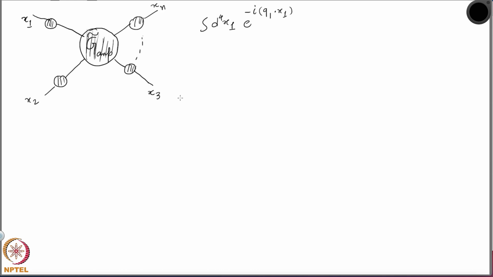Okay, then if I write the expression of this G tilde of x1, x2, x3, xn, then it will be, you remember, yeah, so here I should assign momenta k1. Okay, I will not worry about these, but let me nevertheless write.